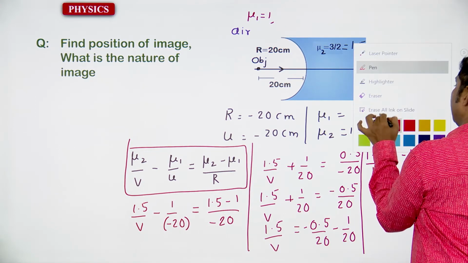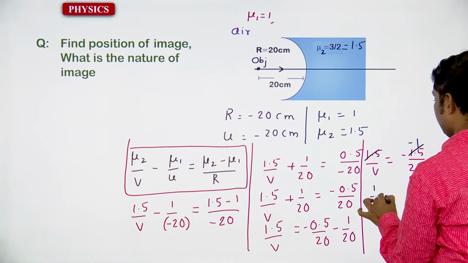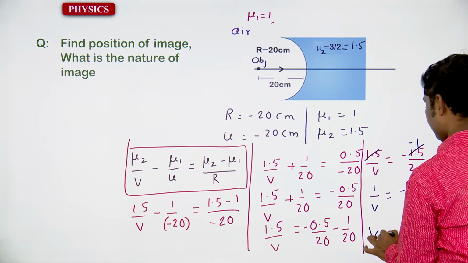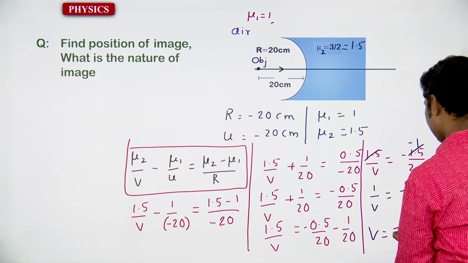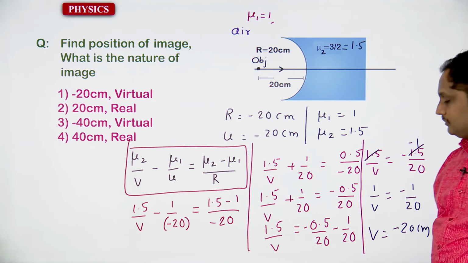Just get the cancellation, it's going to be minus 1. 1 by v is equal to minus 1 by 20, v is equal to minus 20 centimeter. Let's have a look.